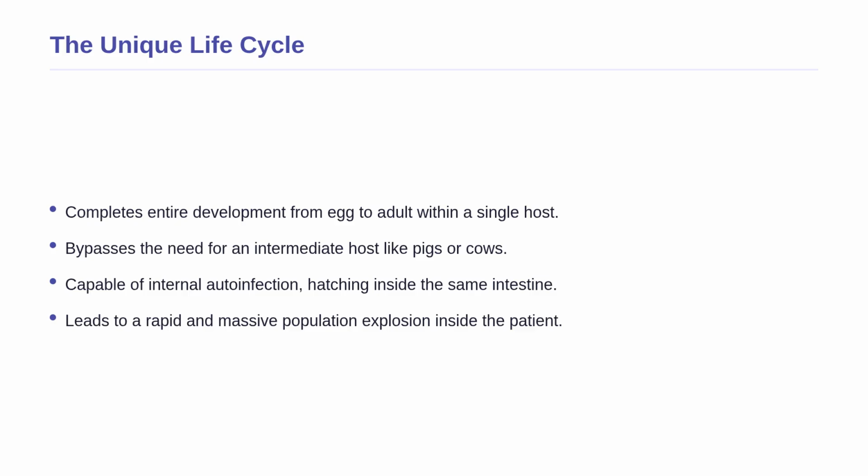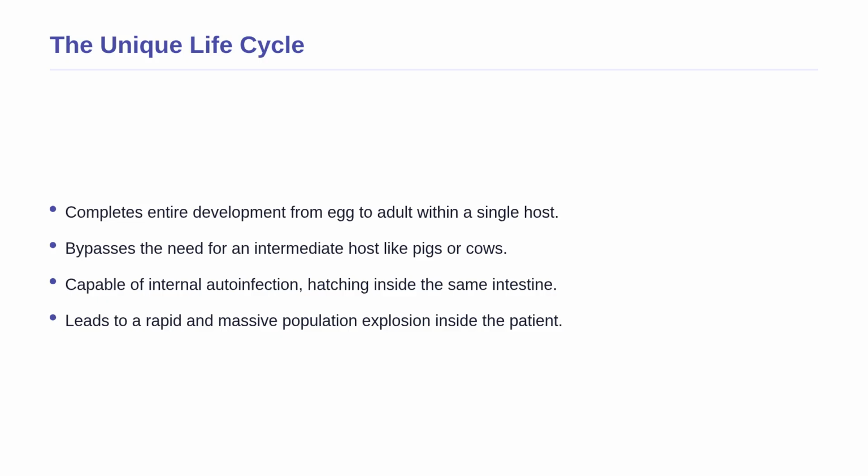Understanding its anatomy leads us to its most terrifying superpower, its life cycle. What makes Hymenolepis nana biologically exceptional is that it is the only tapeworm capable of completing its entire development, from egg to adult, within a single host. Most parasites require an intermediate host, like a pig or a cow, to develop before infecting humans.